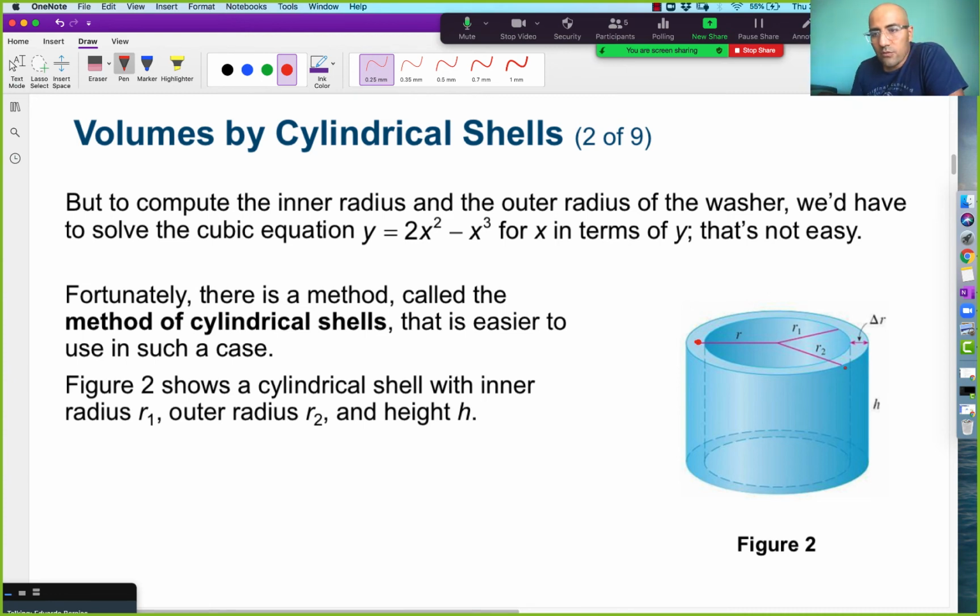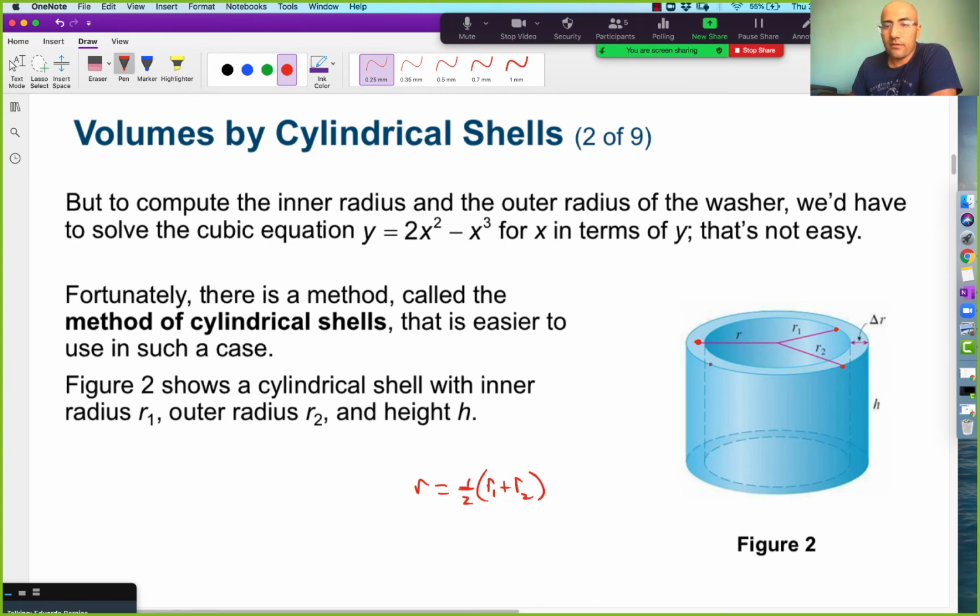So r sub 2 is going out to the outer edge, and r sub 1 is going to the inside edge. If we add r sub 1 plus r sub 2 and multiply by 1/2, we'll get that mean value, which is that r value up to there.